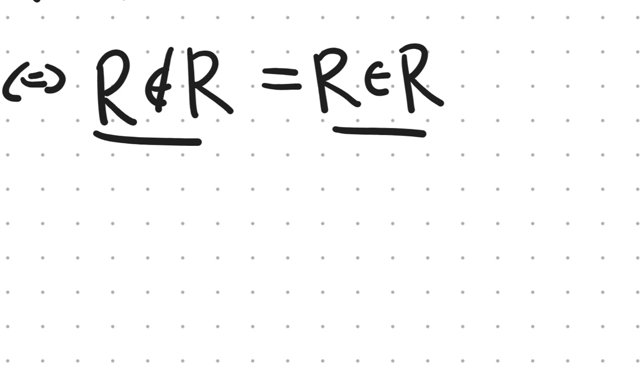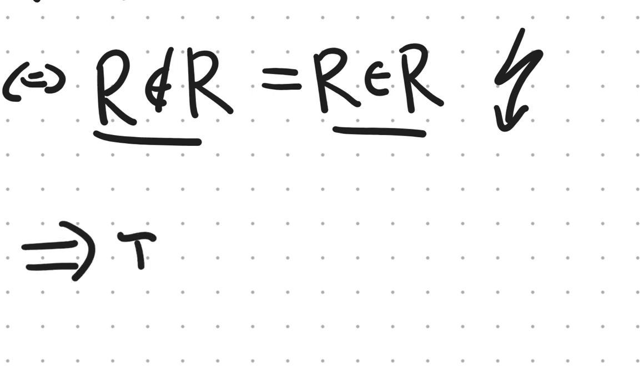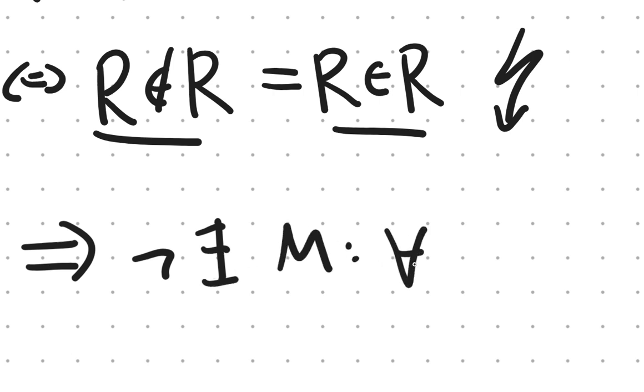This is actually not possible at all. So we can actually imply that there exists no set M such that for all X, X is in M.